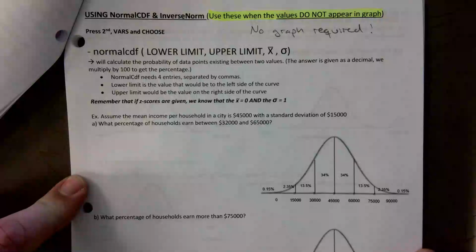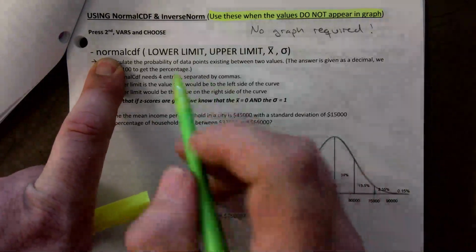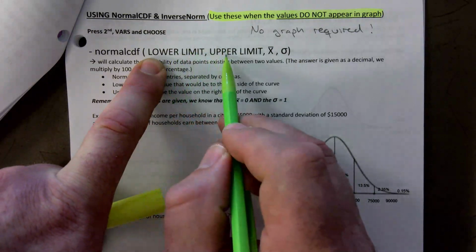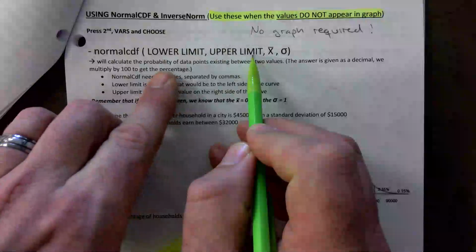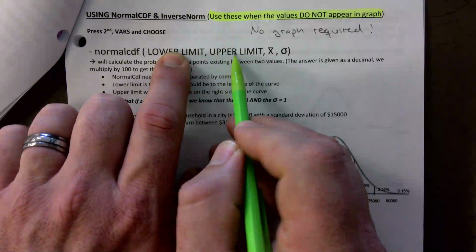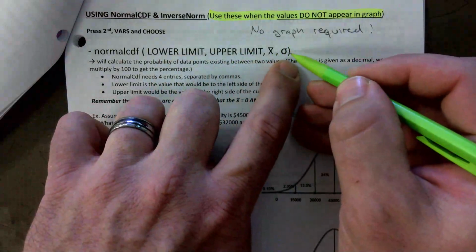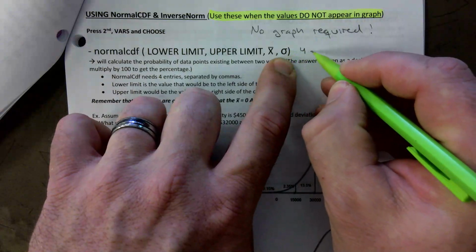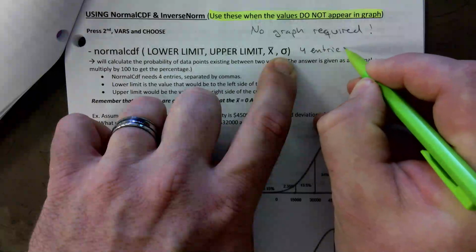What does Normalcdf, what does that one do? What does it need? It needs a lower limit, an upper limit. So you need to tell it, find me the percentage between here and here, okay? Followed by mean and standard deviation. It needs 4 entries, always.